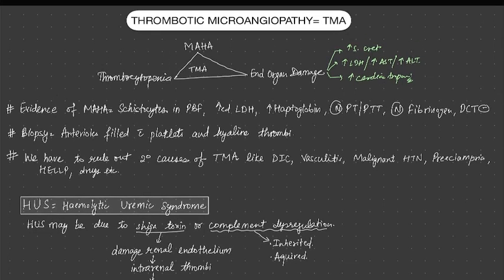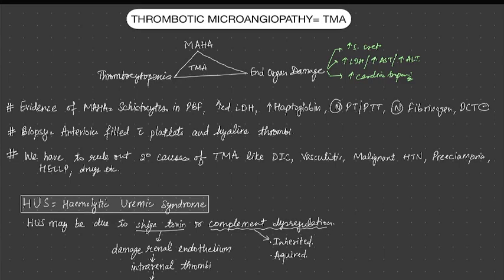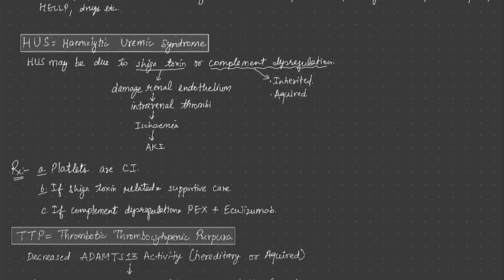Now there are two types of thrombotic microangiopathies. One is HUS and second is TTP. What is HUS? Hemolytic-uremic syndrome. What is the mechanism? Two mechanisms. One is Shiga toxin related and second is complement dysregulation.